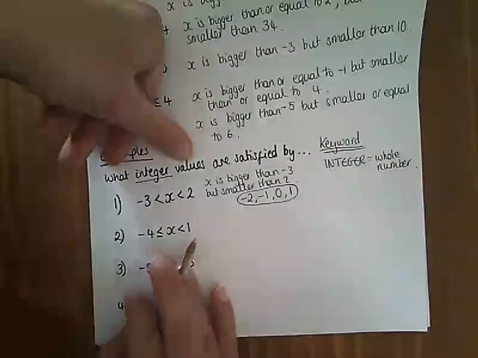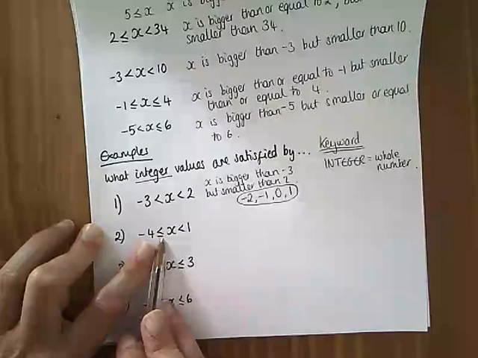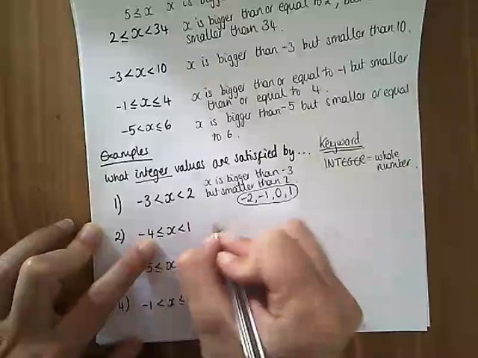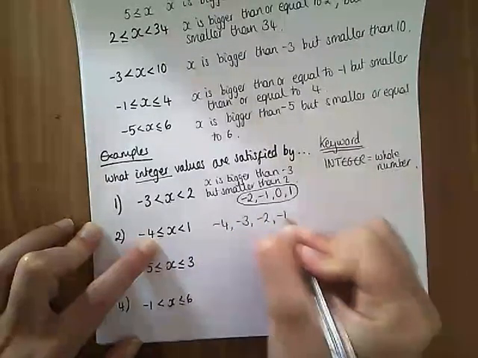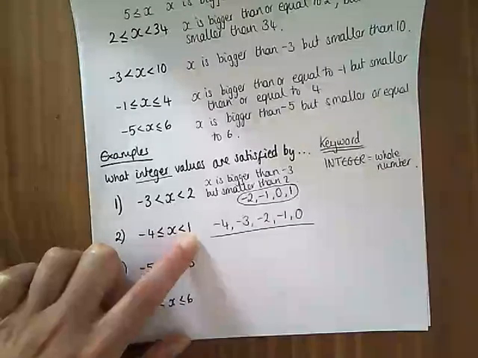So let's see if we can do this one without writing this down. X has got to be bigger than or equal to -4 and less than 1. So it can be -4 because of that. So it could be -4, -3, -2, -1, 0, and it cannot be 1, so we stop there. That's the answer.